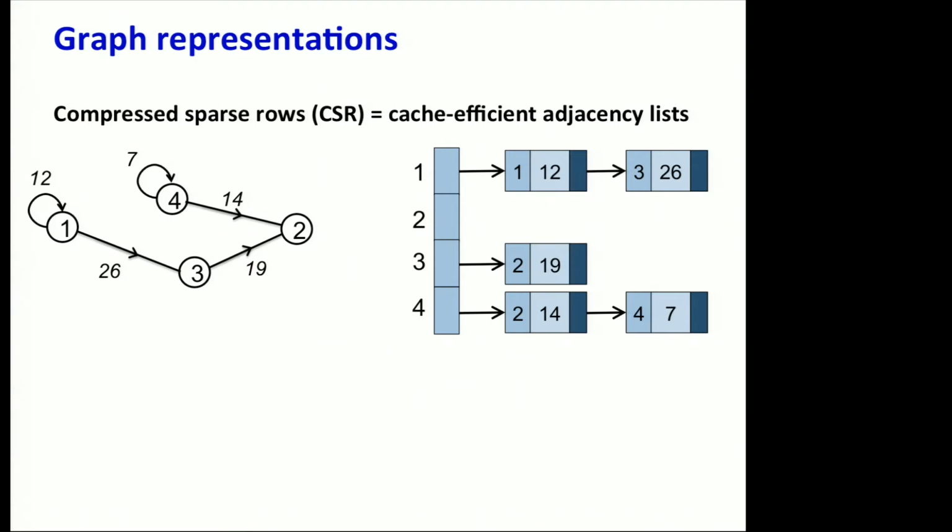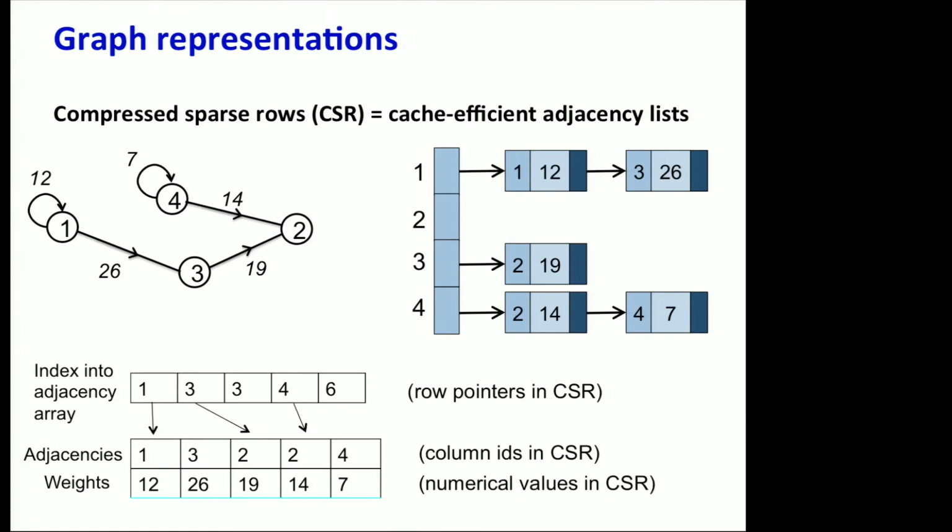Simple. The trouble with that data structure, if you implement it directly, is linked lists don't have cache locality. So when you're going from one edge of 4 to another neighbor of 4, you might make a cache miss. So what's used in practice, compressed sparse rows, is essentially a concatenation of all the edge lists of the vertices together.